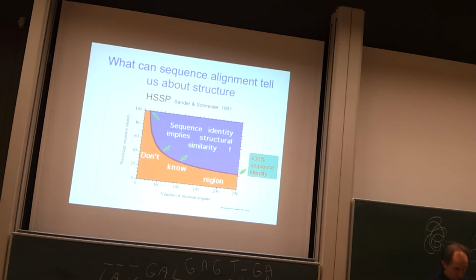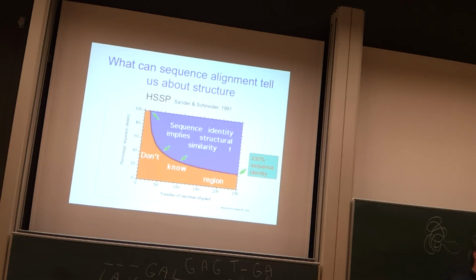So when do you say this one is probably homologous? For histones, a sequence that is 70% identical is not good enough. But for hemoglobin, you say, fantastic, 70%, great, homologous. So it's not so easy.